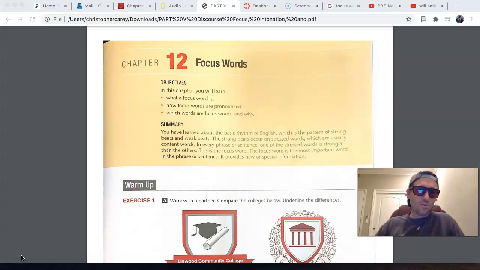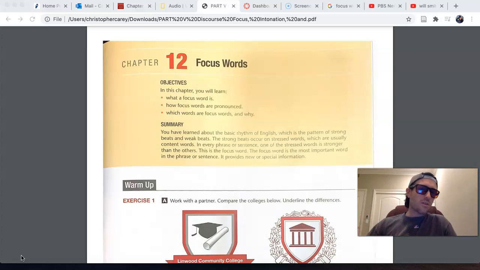Remember, content words are going to be nouns, adjectives, verbs, negative auxiliary modals, so can't, don't, won't, etc. Those are content words, and we call those content words because they provide us information, right?